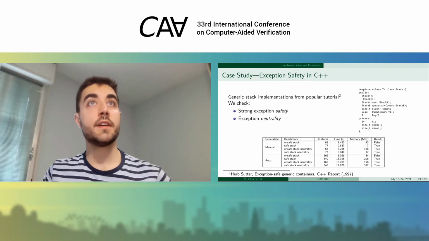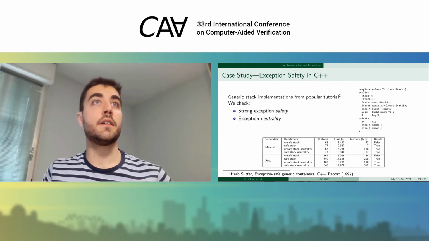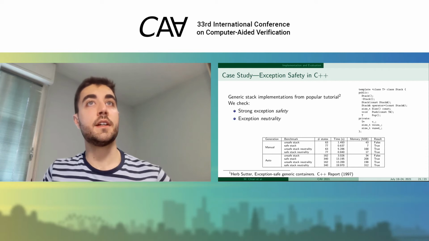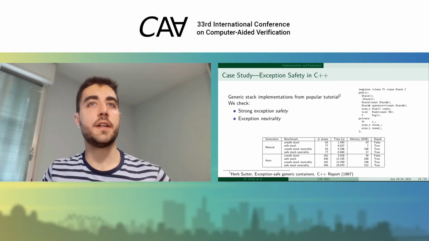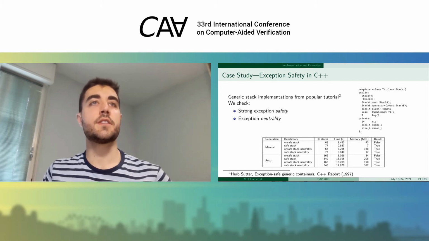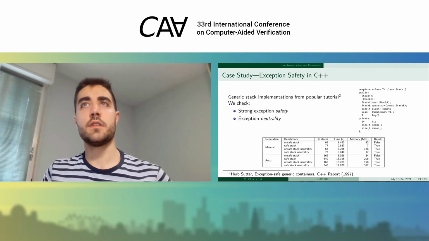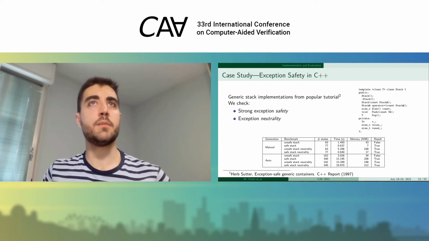We also have a case study on an implementation of a generic stack taken from a popular tutorial on C++, and we check that it is exception safe and exception neutral. Exception safe means that in all the operations on this stack implementation, if an exception is thrown, then the object remains in a valid state.